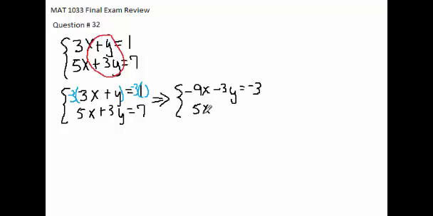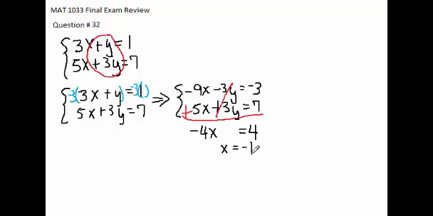The second equation didn't change, but now when I add the two equations together, the y terms cancel. Negative 9x plus 5x is negative 4x. That's 0 equals 4, and then x is equal to negative 1.